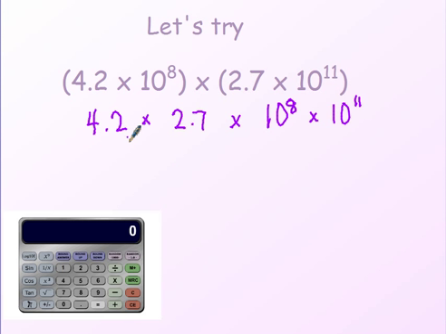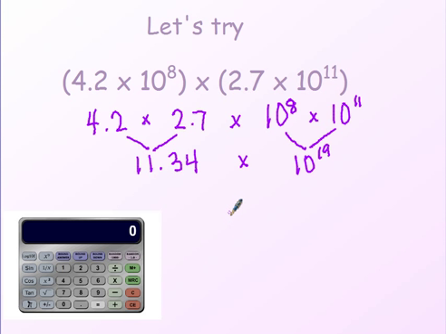Multiplying 4.2 by 2.7 gives me 11.34. Multiplying 10 to the 8th by 10 to the 11th gives me 10 to the 19th power. Now I have an answer.